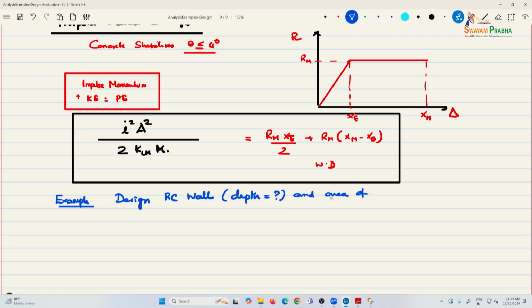We will not go into detailing. You can use this for design of steel sections as well, using similar principles, for the following loading.